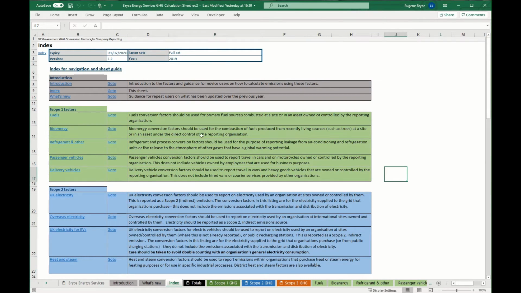I'm using the enhanced spreadsheet. There is a simplified greenhouse gas emission spreadsheet that you can use, but I generally look at more detail.